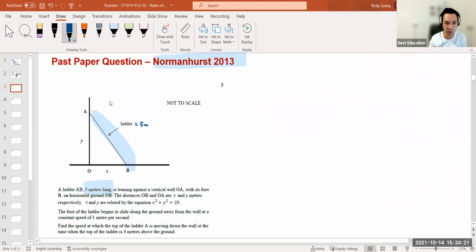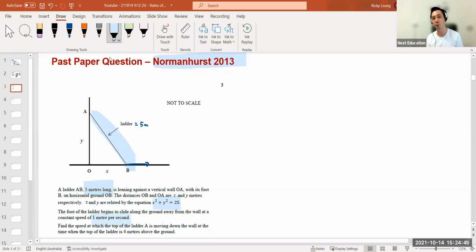It's leaning against a wall and foot on the, yep. This is OB, and it gives you the formula of Pythagoras, x squared plus y squared is 25, perfect. Before the ladder, so that's B, is starting to slide out. So this guy here is moving this way at a constant rate of 1 meter per second. That's important.